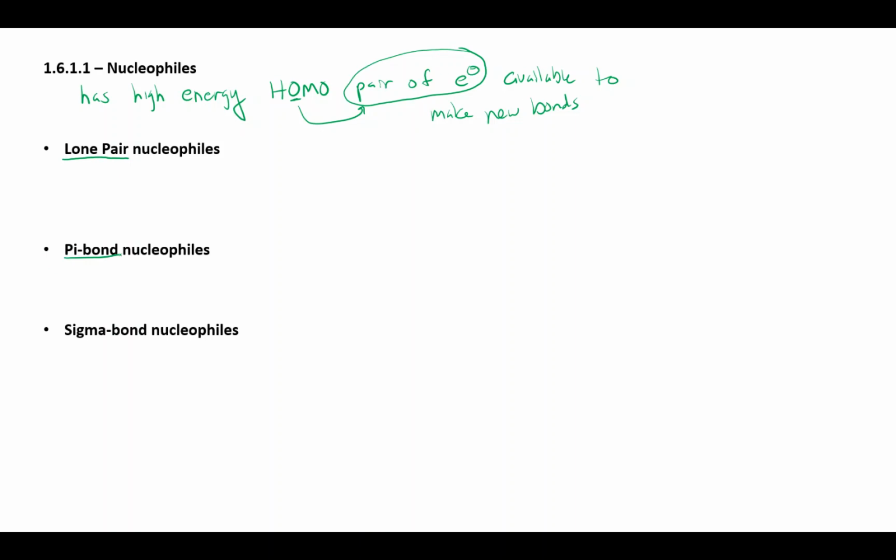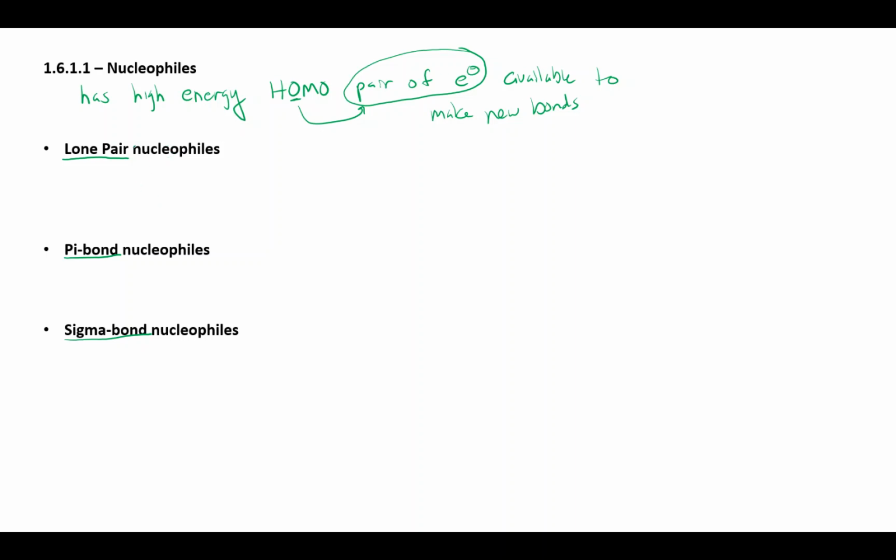It could be a pi bonding orbital, or it could be a sigma bonding orbital, right? So there are three types of orbitals that we could put it in. Could be a lone pair, could be a sigma bond, could be a pi bond. All of those are potentially nucleophilic orbitals if they are the highest energy occupied molecular orbital.